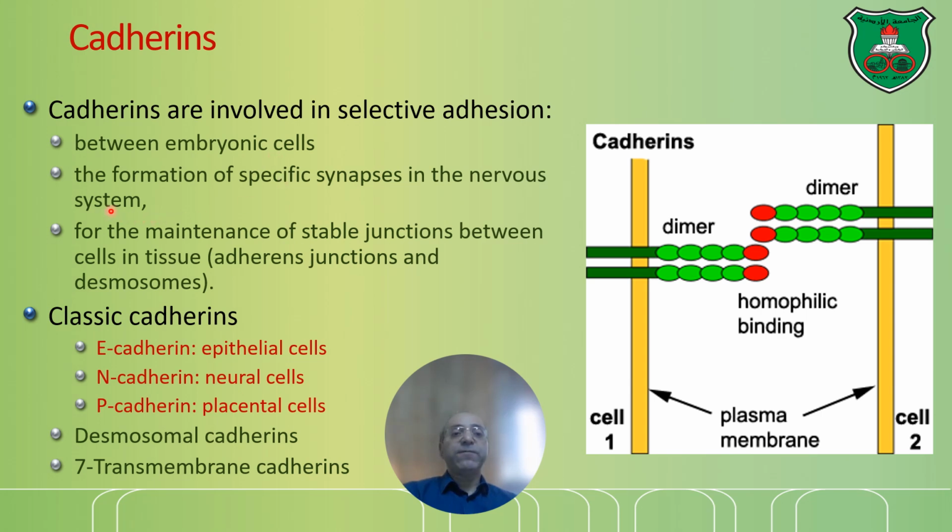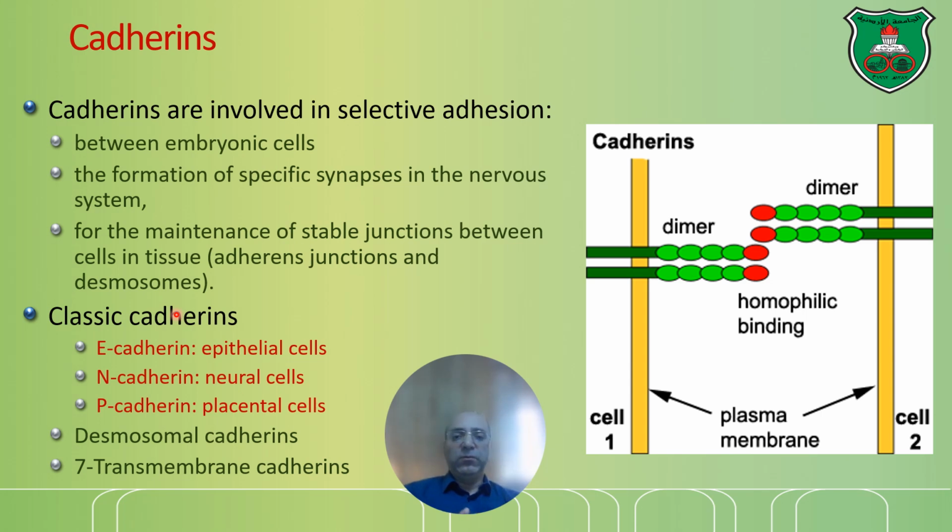They can also form between different nerve cells in the synapse. The interaction between cadherins can also maintain stable junctions between cells and tissues. That means you have the formation of adherens junctions and desmosomes. We'll talk about them in the following slide.